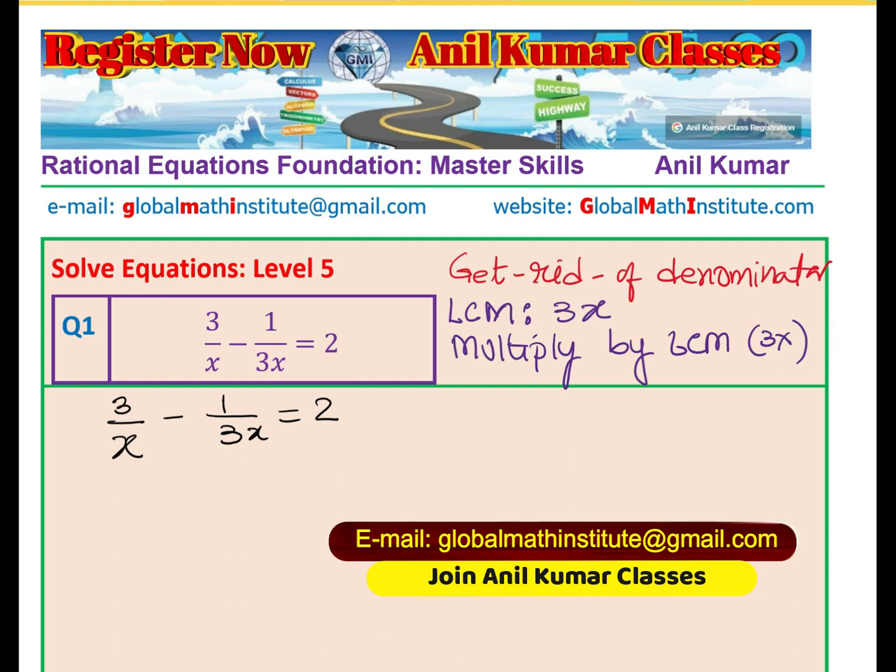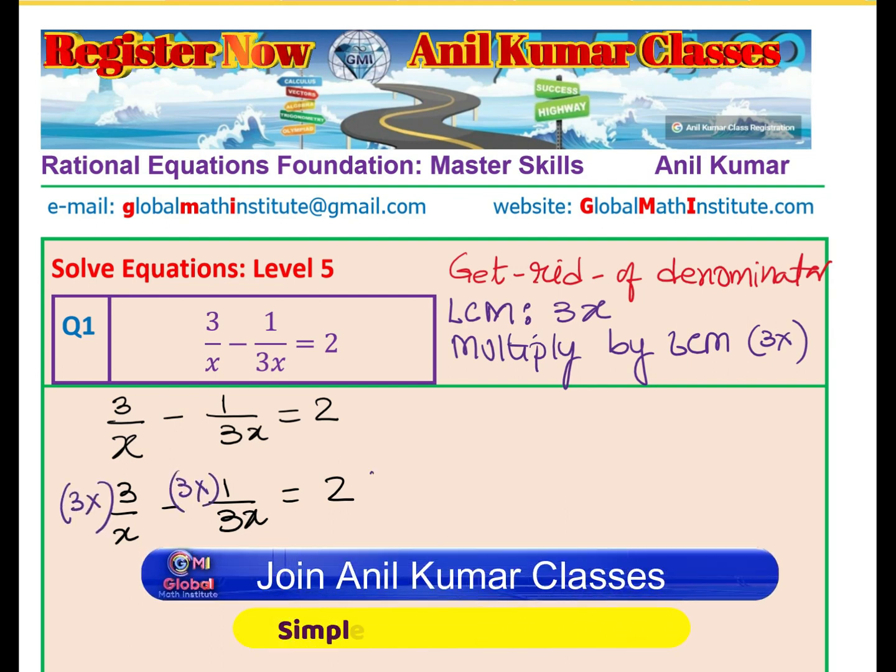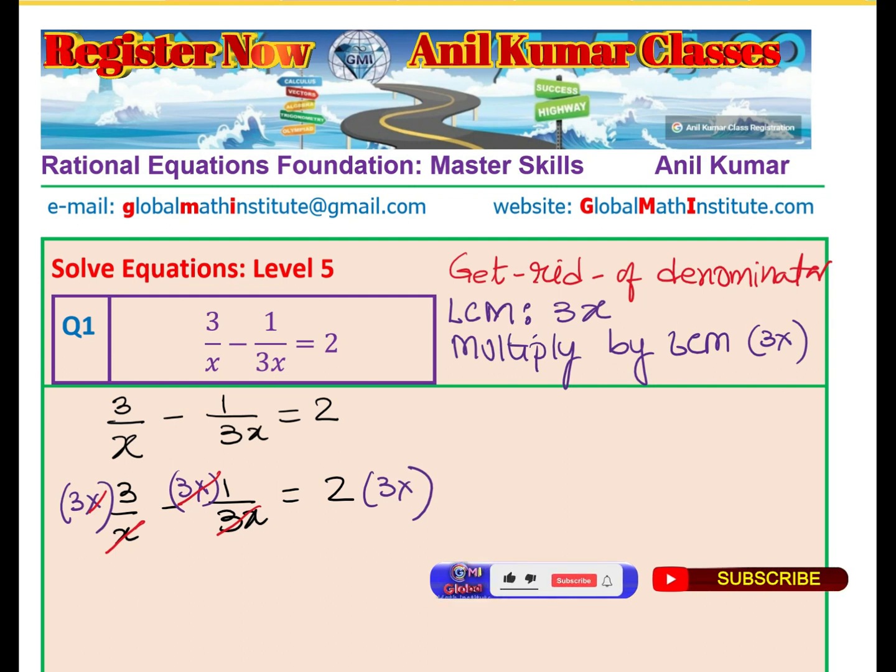See how. We'll rewrite the question, which is 3 over x minus 1 over 3x equals 2. And then multiply each term with 3x. Do you understand? When you do that, you see that x in the denominator of the first term cancels. The 3x in the denominator of the second term cancels. In the third term, the denominator is 1, nothing to worry about.